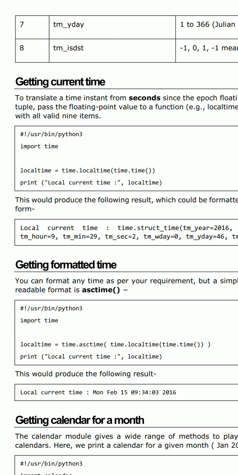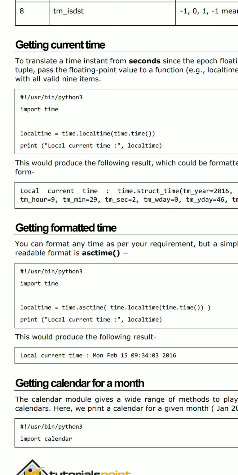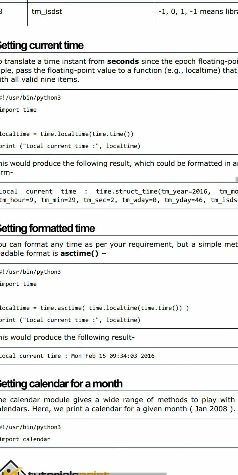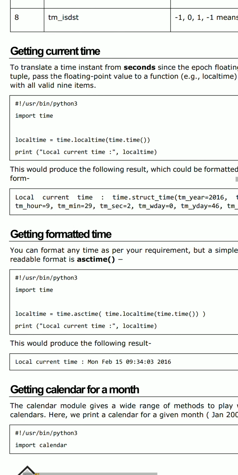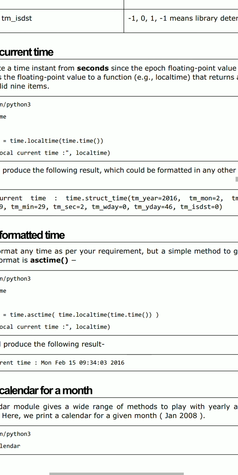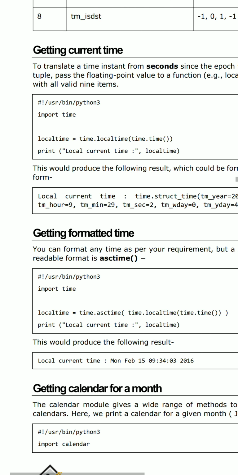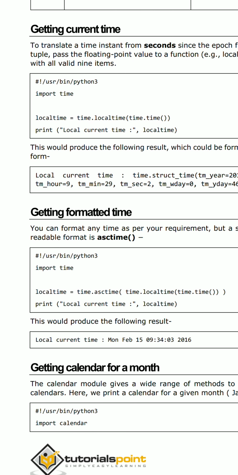By using localtime we get the present time. Next I am printing the local time onto the output screen. Here the compiler prints the days, hours, minutes, seconds, weekdays, and year days, and next the DST. This is about getting the current time. By using localtime we get the current time.